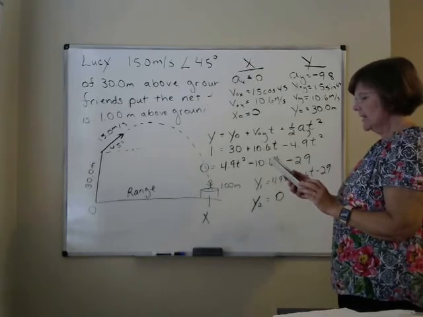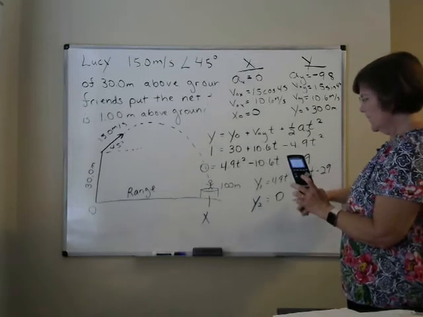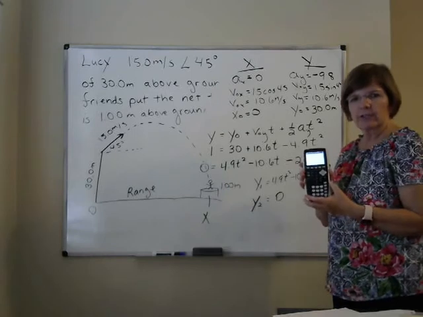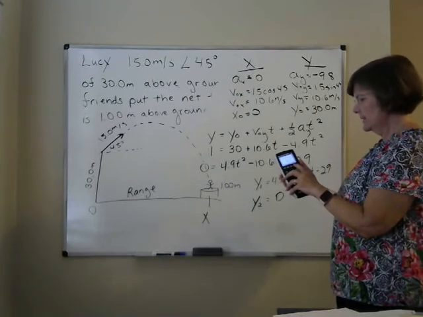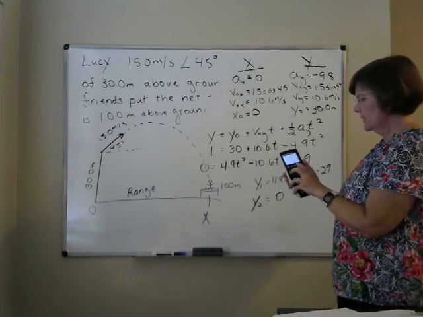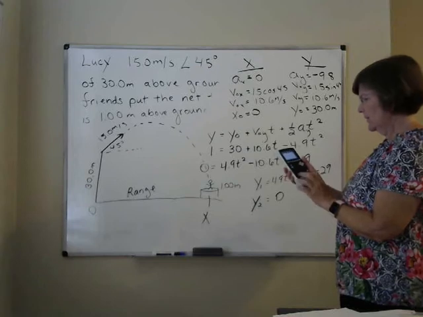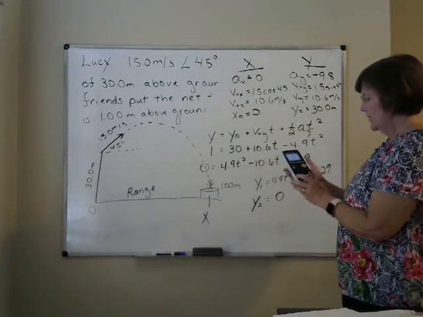If you have a color calculator, it's really nice. My parabola is blue and my y2 equals 0 is red. And I just have to find an intersection. For an intersection, you press second trace. The blue says calculate, that's what I'm trying to do. I want to find the intersection, and I want to find this intersection on the right here.